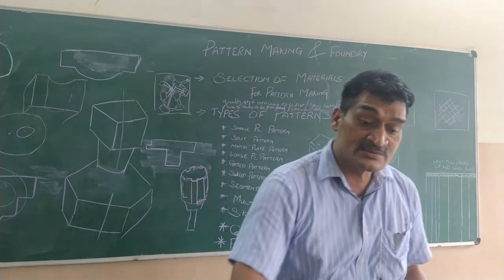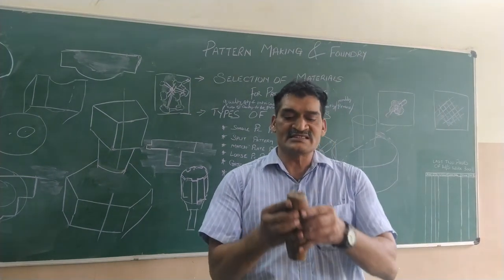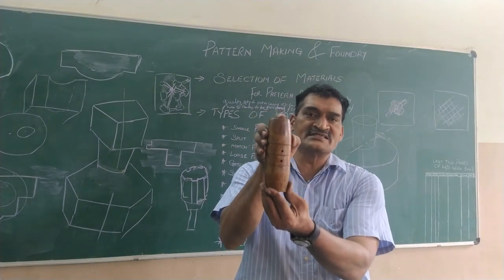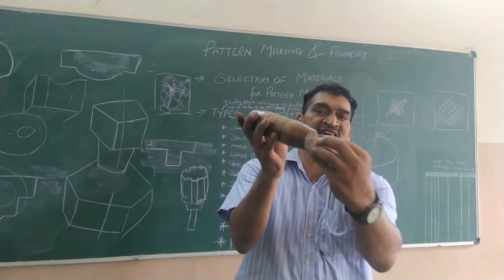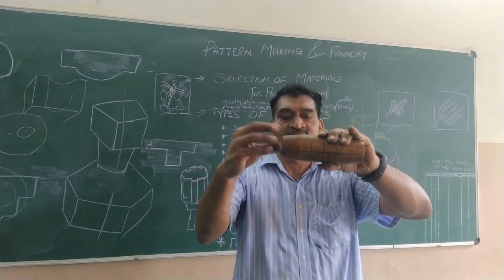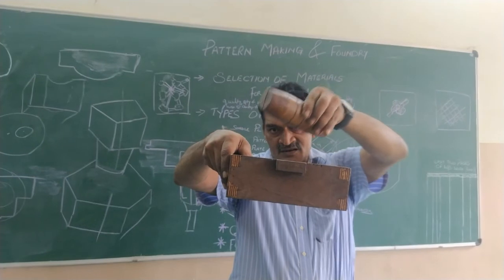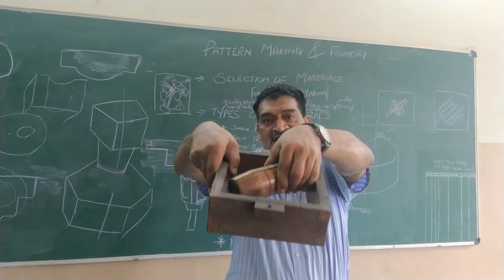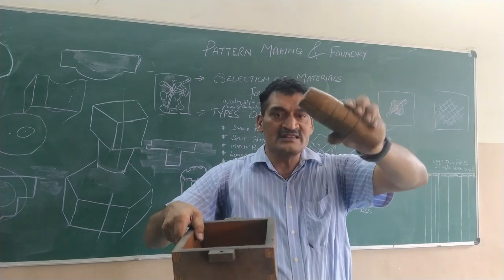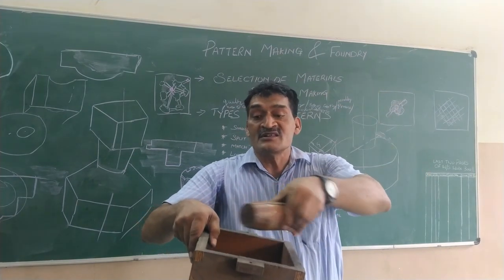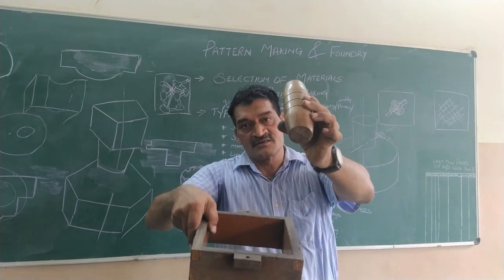Now, what happens in a split pattern? Let's take an example. Let's say this is a single piece, round. It's tapered on both the sides. Let's say I want to make a mold in this manner. Is this possible? No. Reason, without disturbing the mold, we cannot extract the pattern.